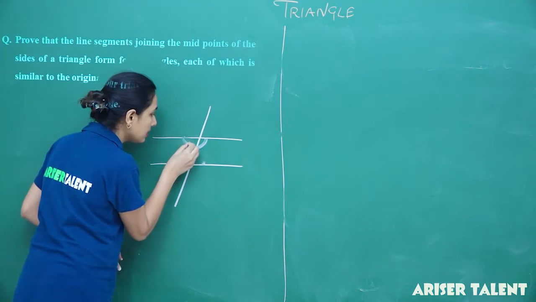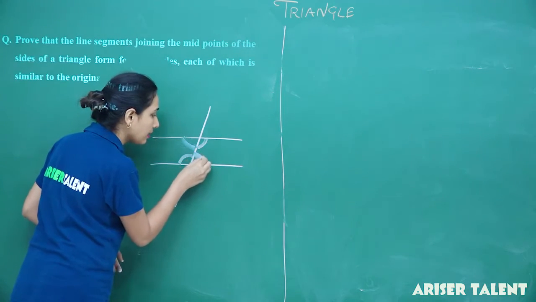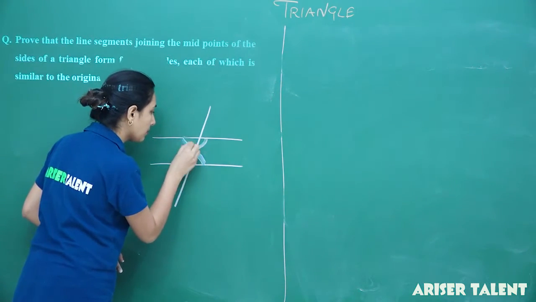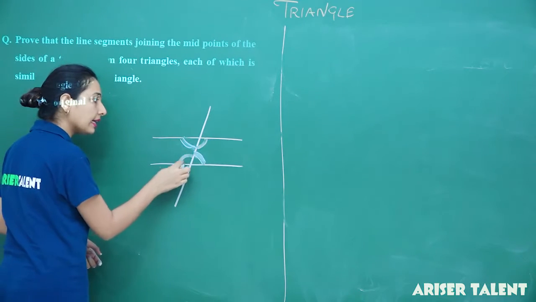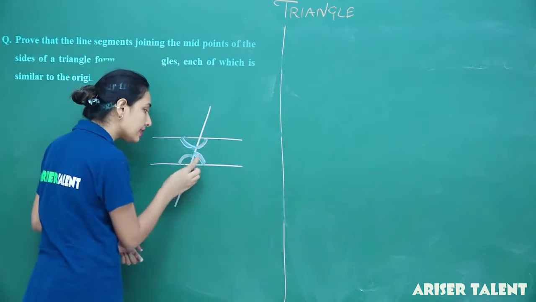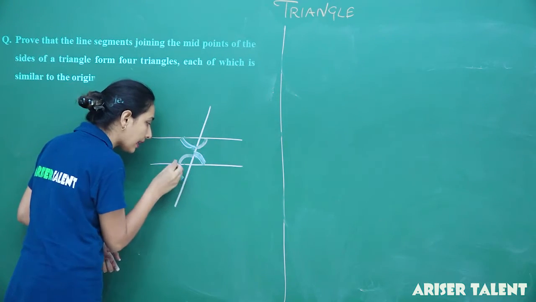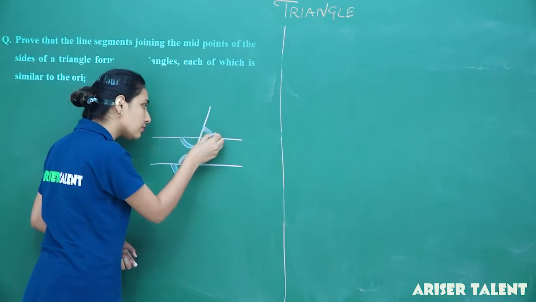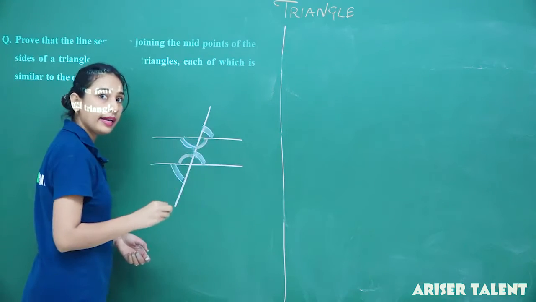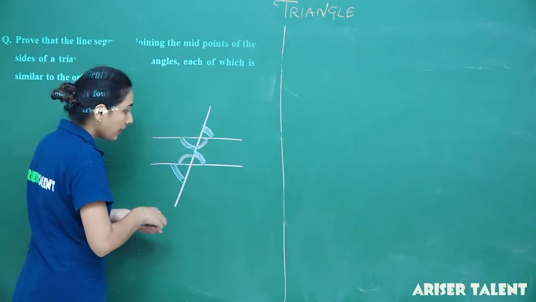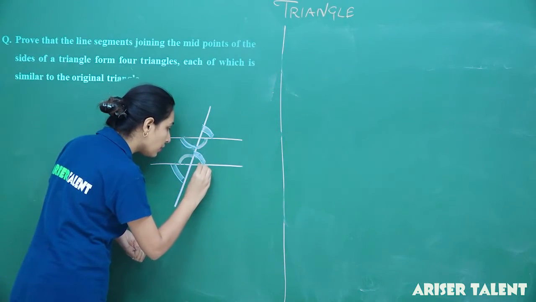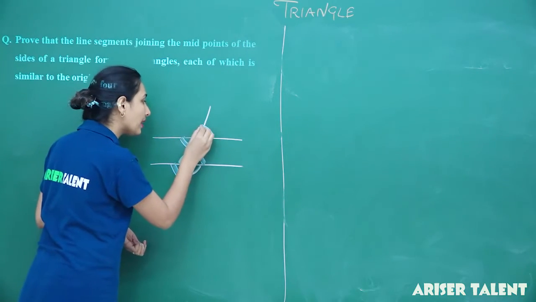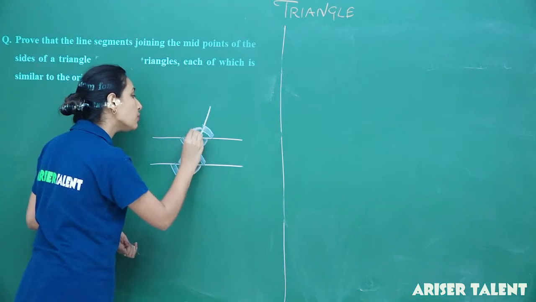Okay students, this angle is equals to this angle. This angle equals to this angle and this angle is equals to this angle. Now, this angle is again equals to this angle, okay, and this angle is again equals to this angle, right. Now, these two angles are also equal to each other and these two angles are also equal to each other.